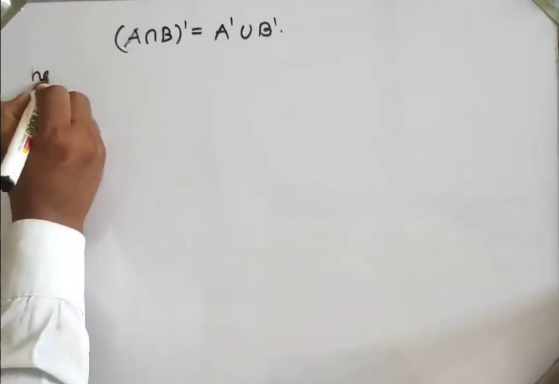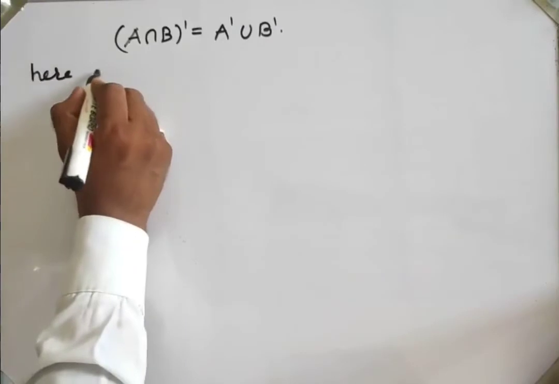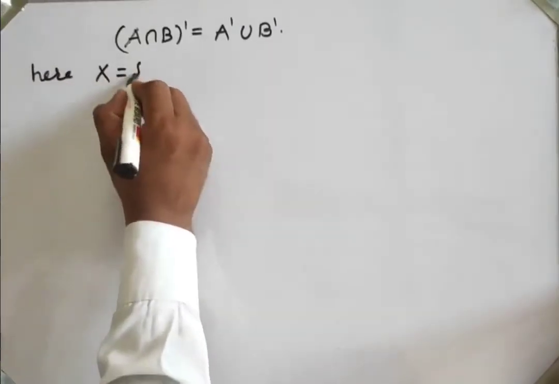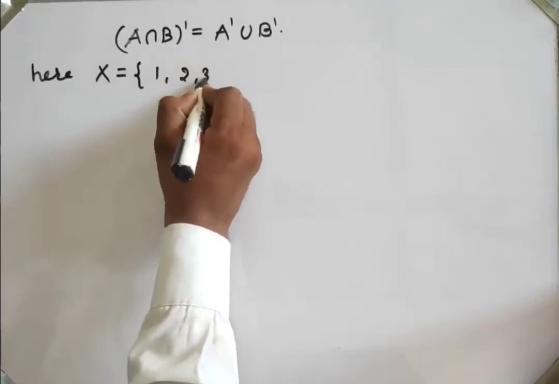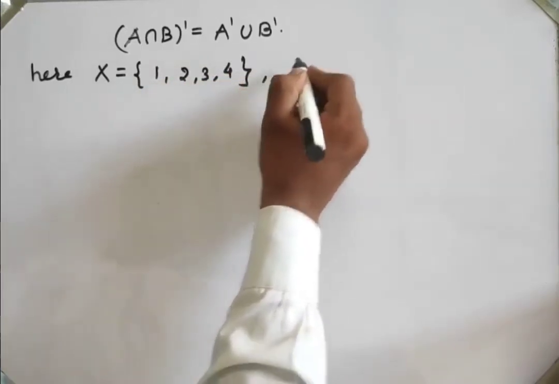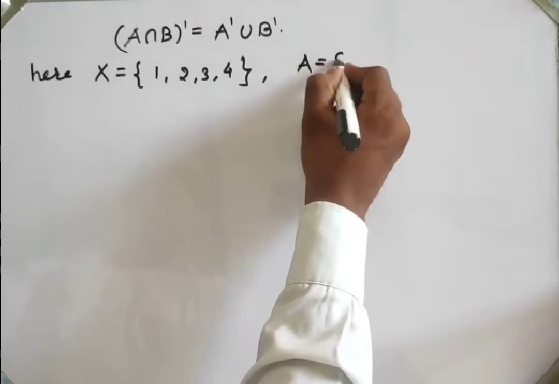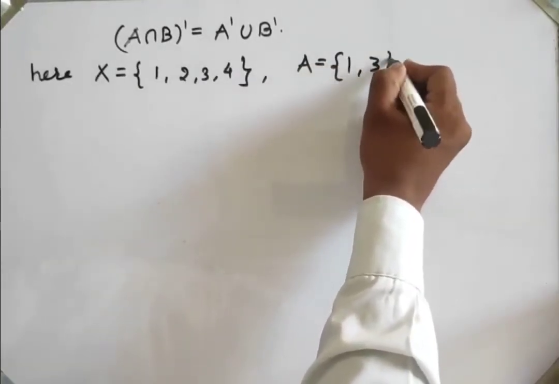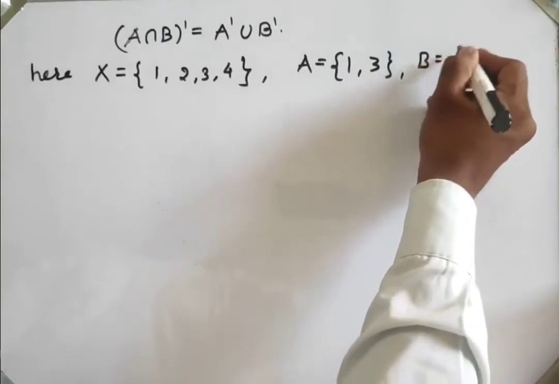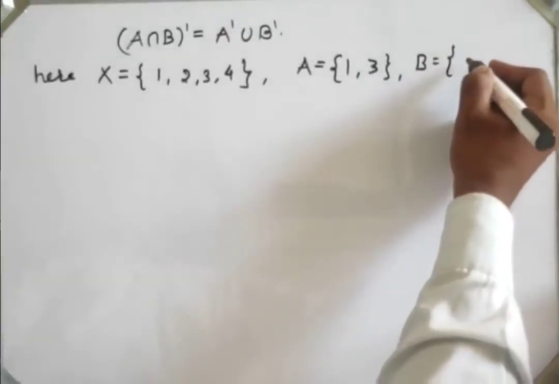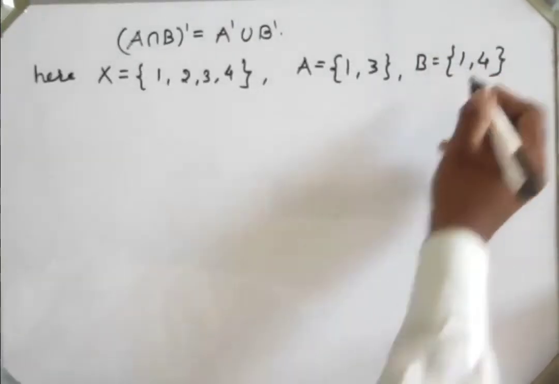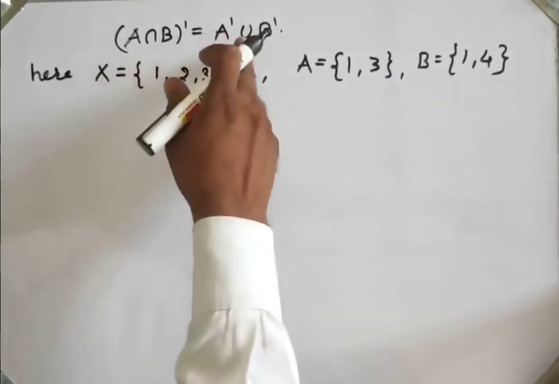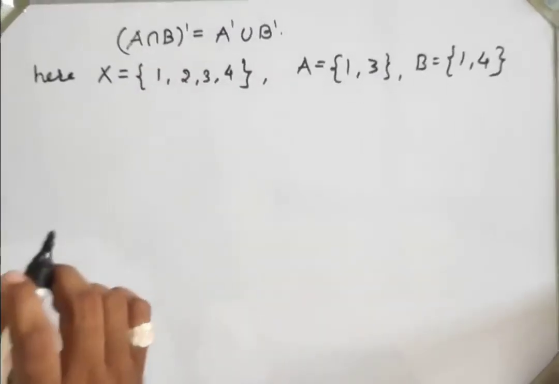Here X is given by 1 2 3 4, set A is 1 3, and set B is 1 4. So we have to verify that A intersection B complement is the same as A complement union B complement, right?